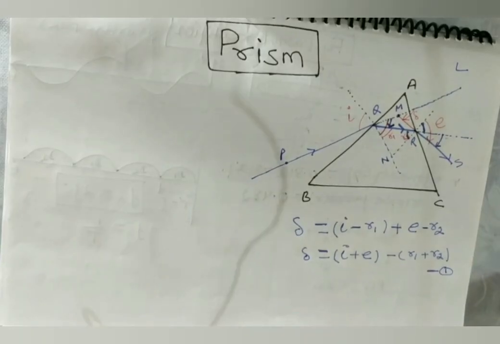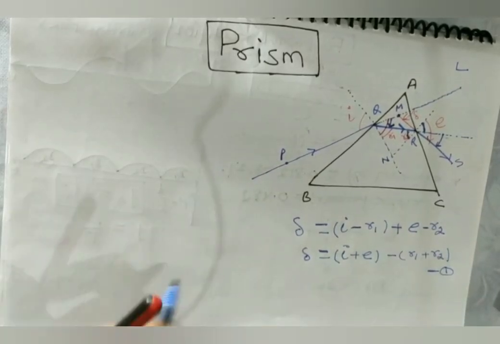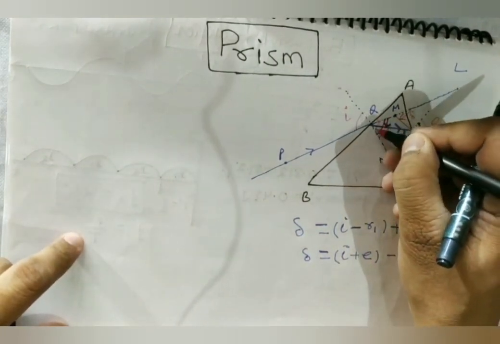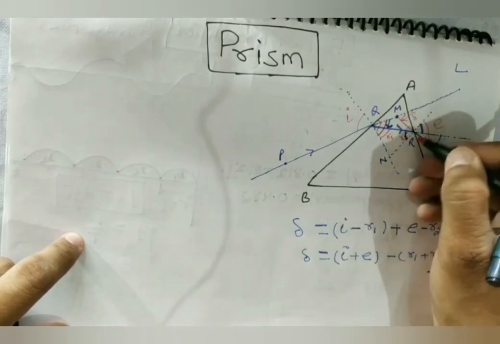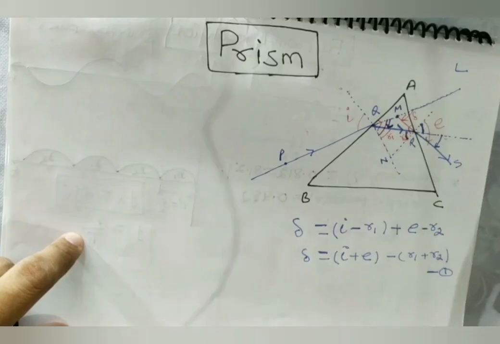Now see, this is normal, so this angle will be 90 degrees, and this is also normal, so this angle also is 90 degrees.